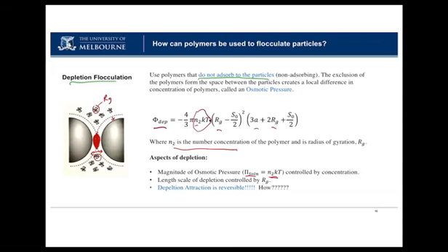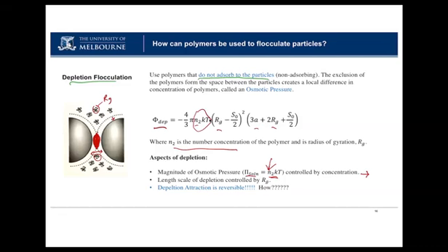The aspects of depletion that are important or interesting: the bigger the depletion force you want, the more it's controlled by the concentration. If you add more polymer, you're going to get a bigger osmotic pressure difference, and you'll get a stronger depletion force. Sorry, the concentration controls the magnitude of the osmotic pressure, and in turn the depletion force.